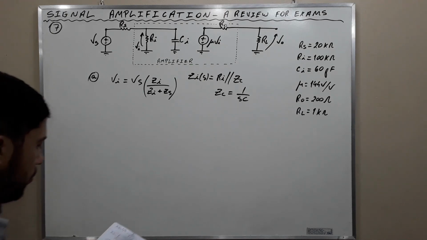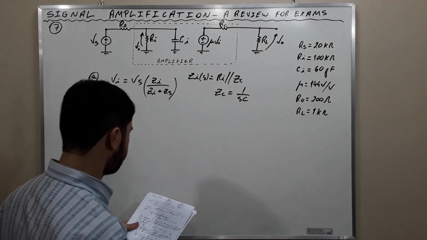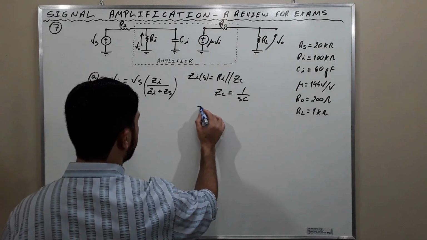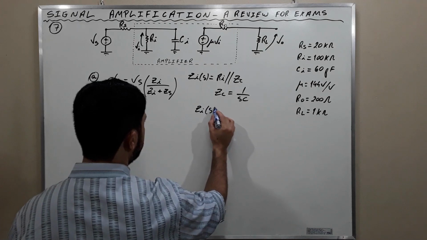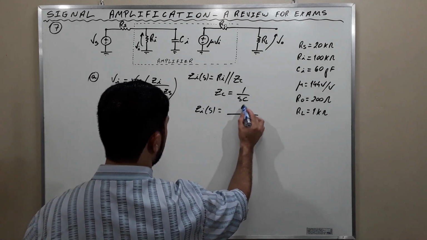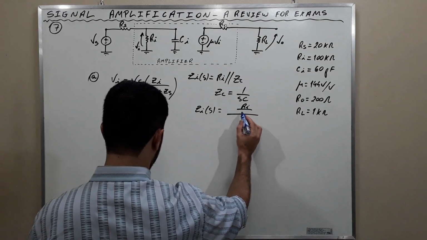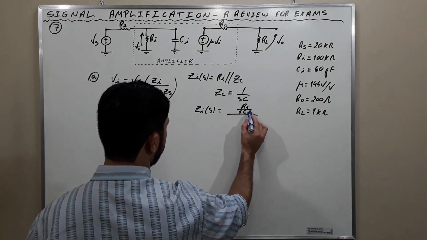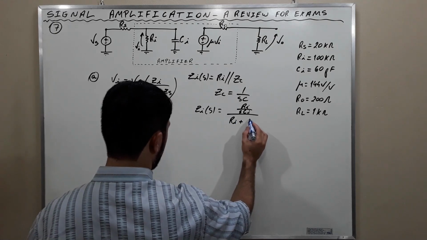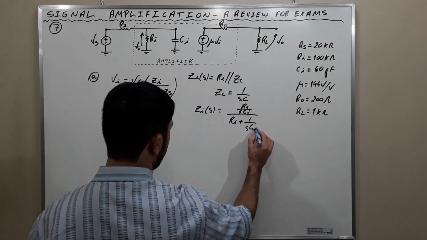Continuing, we find that Zi of S is equal to Ri over SCi divided by Ri plus 1 over SCi.